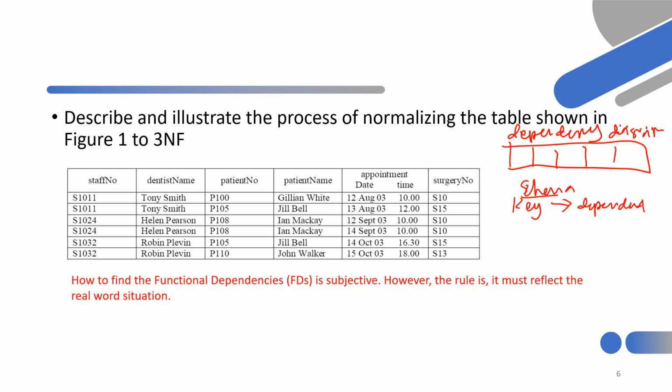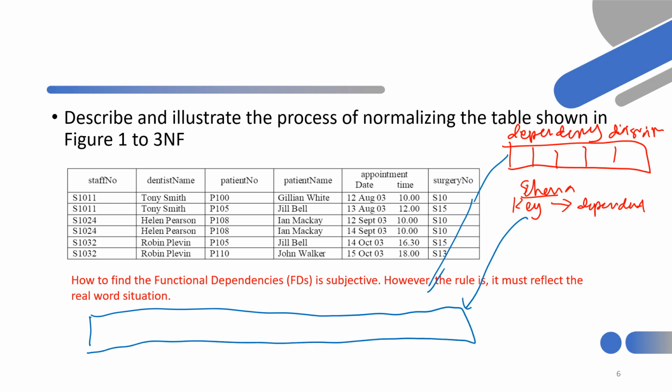But how to find it? Finding the functional dependencies is always subjective. But the rule is it must reflect the real world situation. So in this part, given the attributes and the records, when we use this to structure or to draw again, you can do it like this.